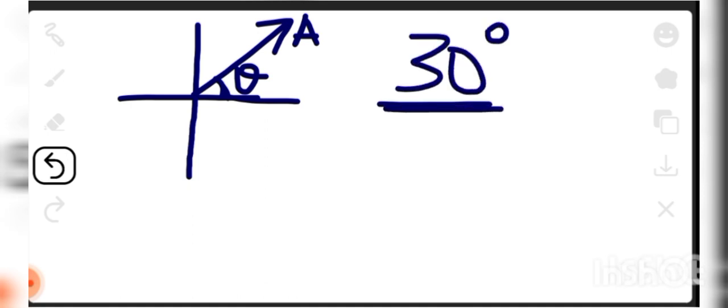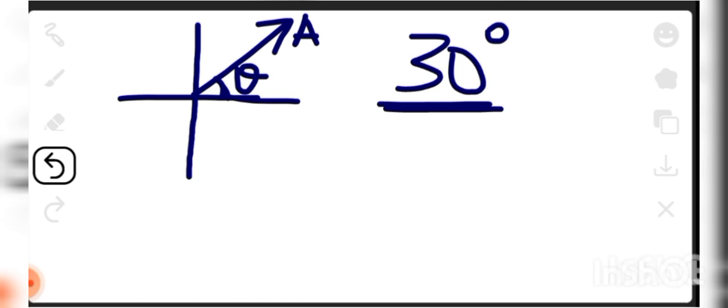So I don't want to do so many hard things here. Just take note of this one side first. We have two types of angles, the negative angles and the positive angles. Negative angles are always clockwise. Positive angles are anti-clockwise. If I say 30 degrees, there's a negative angle that is equal to 30 degrees.